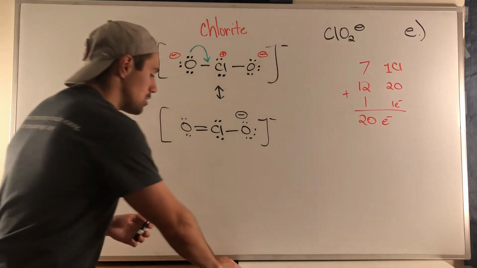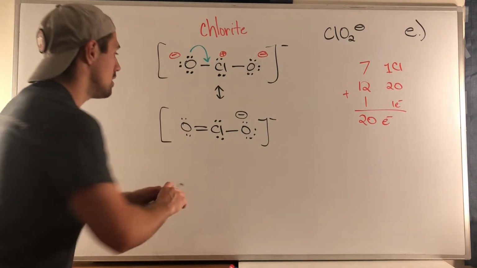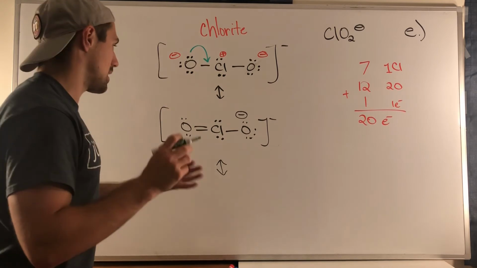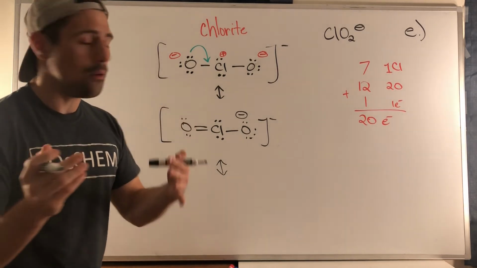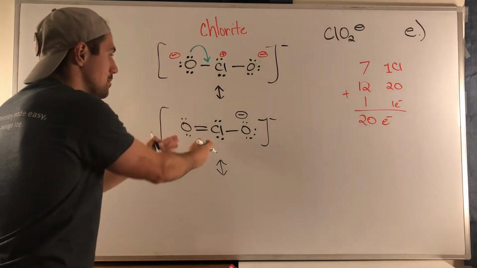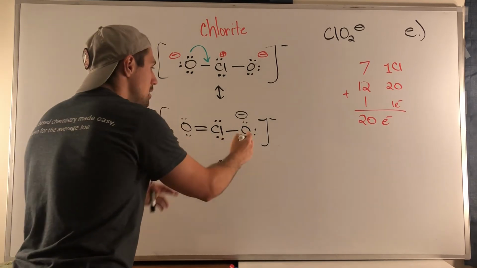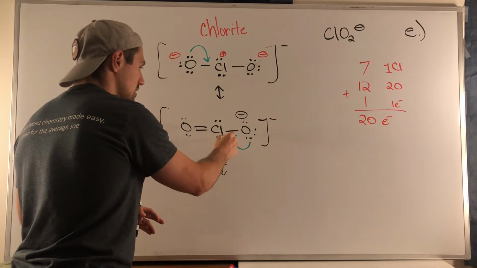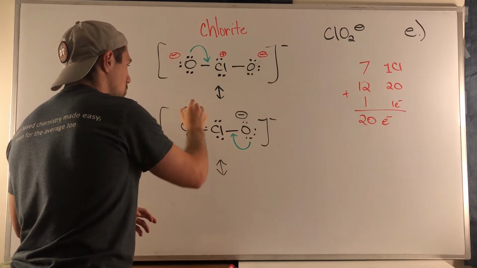So, can we draw any more resonance? The answer is yes. If I draw my double-headed arrow, and you might think, and again, this was a hard thing for me to accept as well, because we have symmetry here, so technically these are the same, but I could reverse that resonance move. I could swing these electrons in and bounce these ones out.